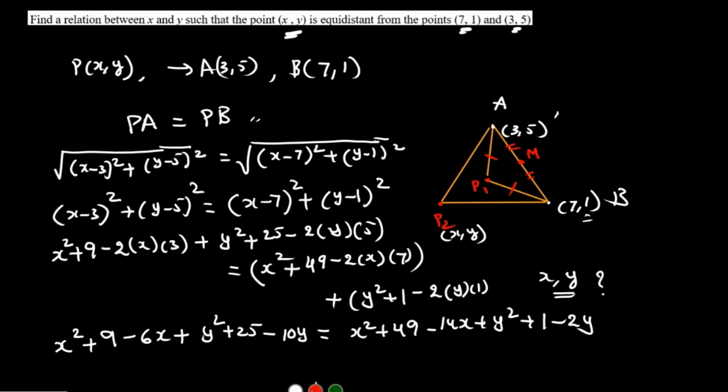If you see this equation, we have x square on both sides, so x square gets cancelled and y square gets cancelled. Bring all the terms into a single side, okay?